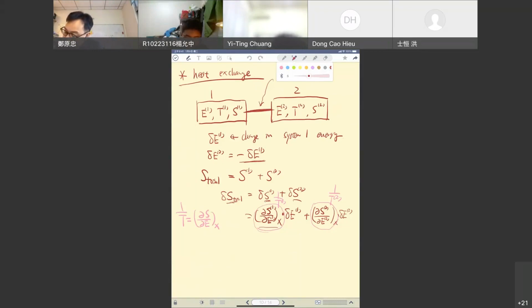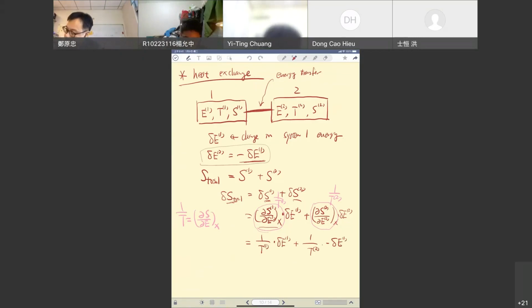So let's plug in the inverse temperatures as well as this equality to rewrite delta E2 as minus delta E1. So here we have 1 over T1, and delta E1 we will keep. And here is 1 over T2, and delta E2 became minus delta E1.